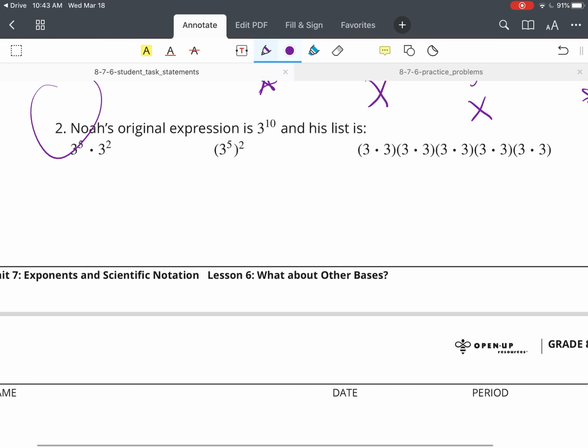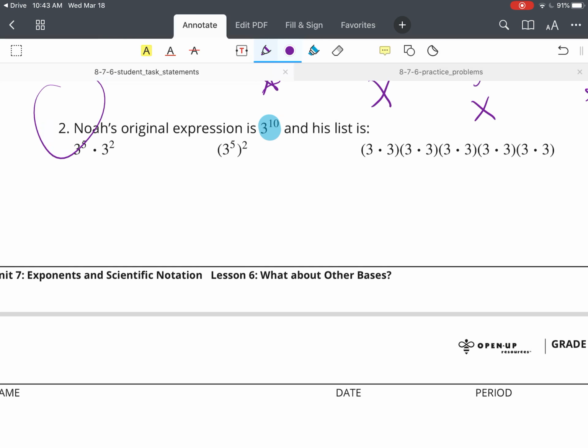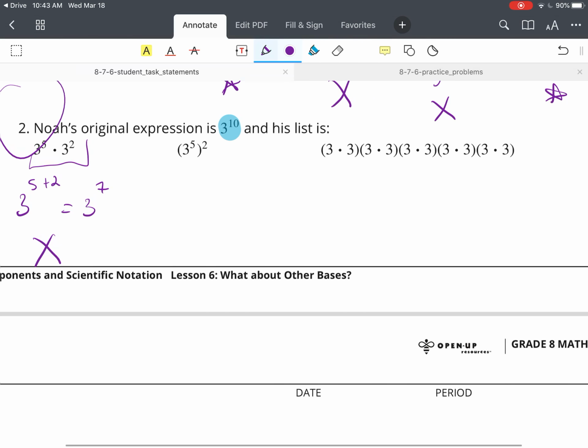Noah's original expression is 3 to the 10th, okay? Are we going to multiply or add the exponents? Yep, we're going to add them. So 3 to the 5 plus 2 is equal to 3 to the 7th. Nope. 3 to the 5th squared.